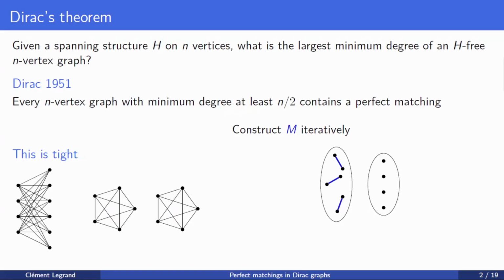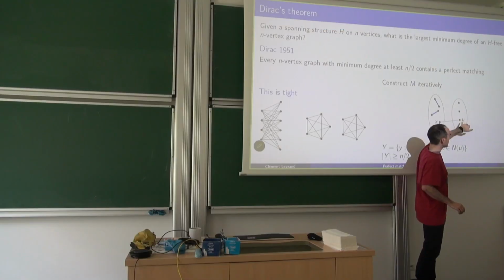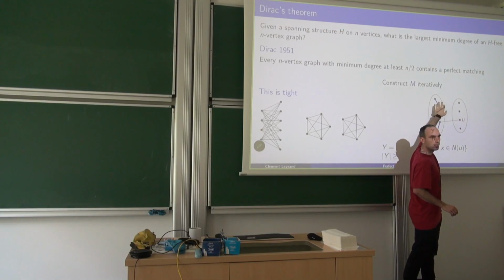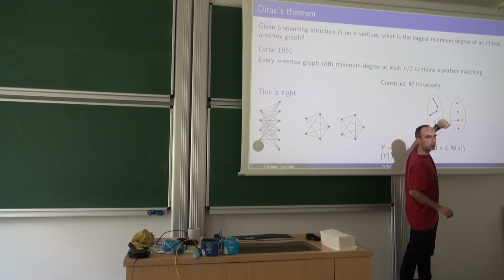Now what I will try to do is modify this matching a bit to extend it by adding some vertices from this big independent set that is left here. The vertices here form an independent set, so all the neighbors are on the other side. So they have at least n over 2 neighbors on the other side.